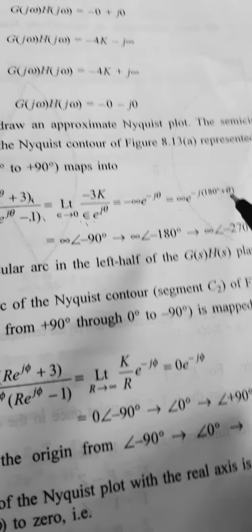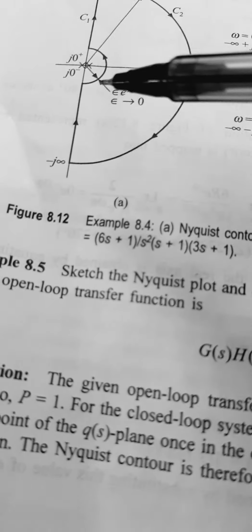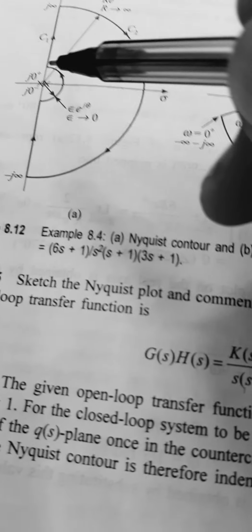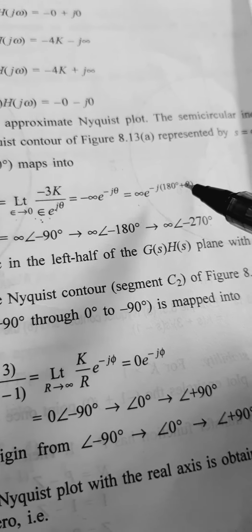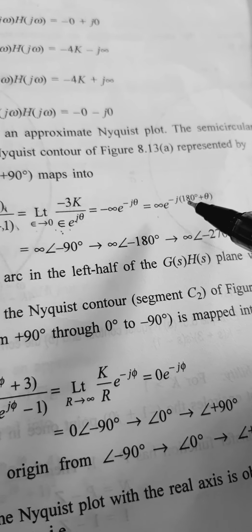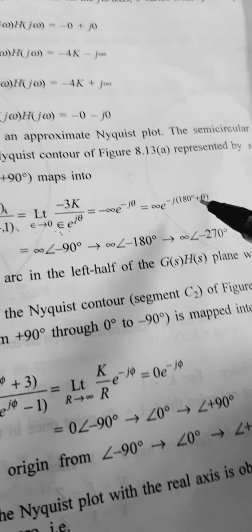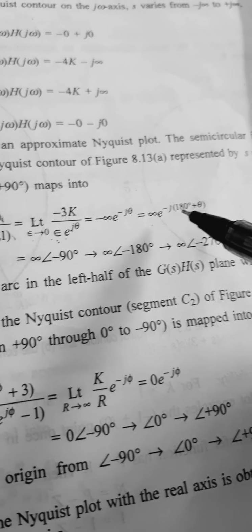Now theta varies from minus 90 to 0, then plus 90. So when you are adding 180 degree, theta is minus 90, so it is 90 degree.